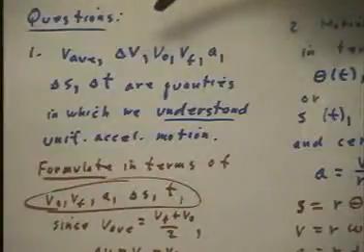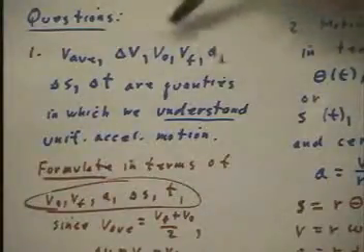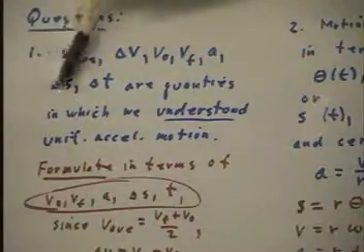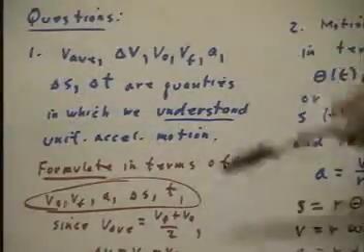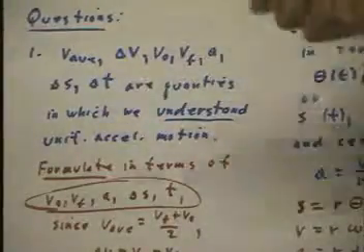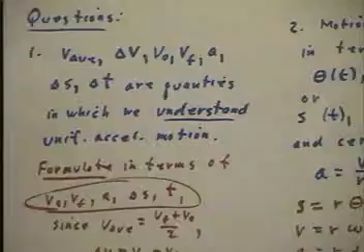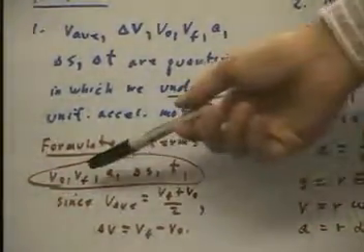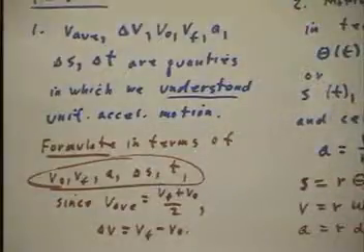If something changes velocity, it accelerates, but the acceleration is the rate at which velocity changes. Initial velocity, final velocity, displacement, and time interval. I think that we understand and reason things out in terms of these quantities. We formulate uniformly accelerated motion in terms of v naught, vf, a, delta s, and delta t.